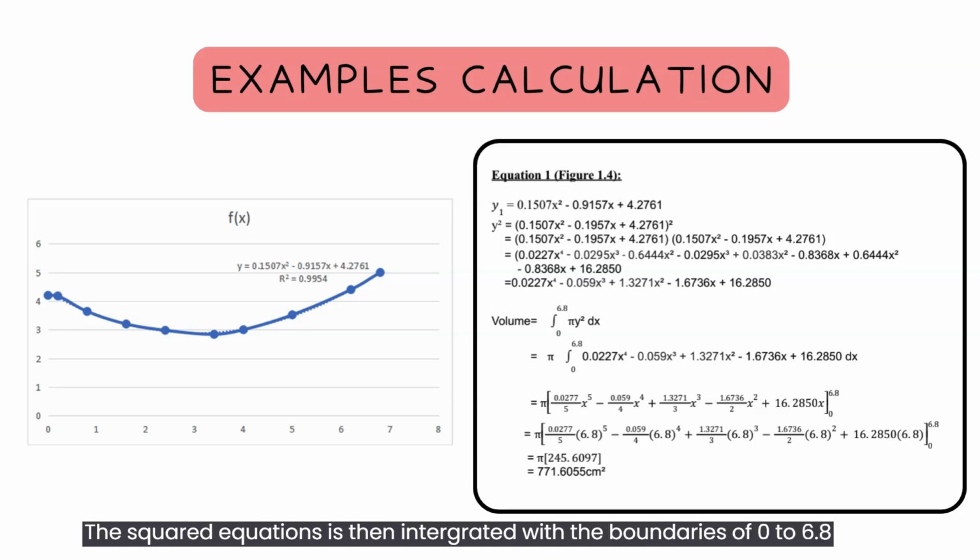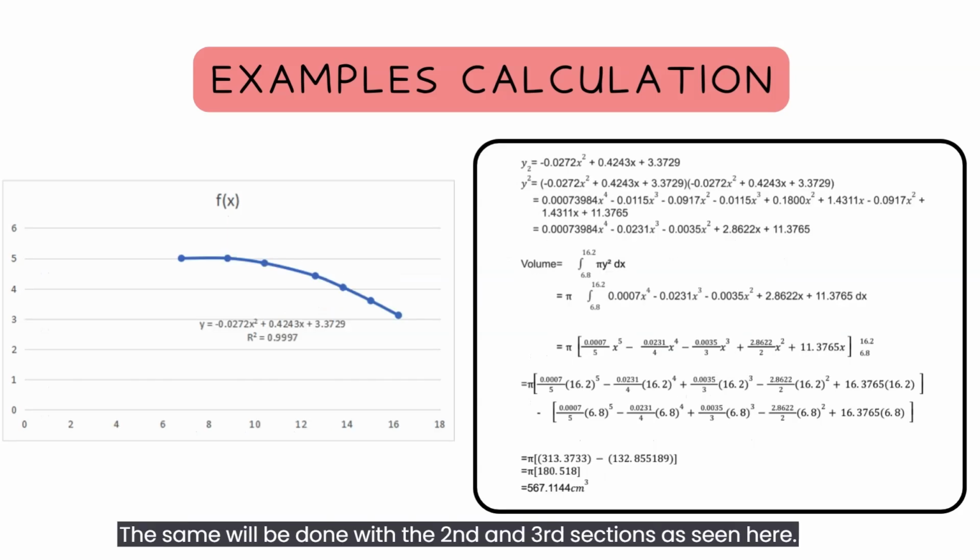The squared equation is then integrated with the boundaries of 0 to 6.8 and multiplied by π to get the value of that section. The same is done with the second and third sections as seen here.